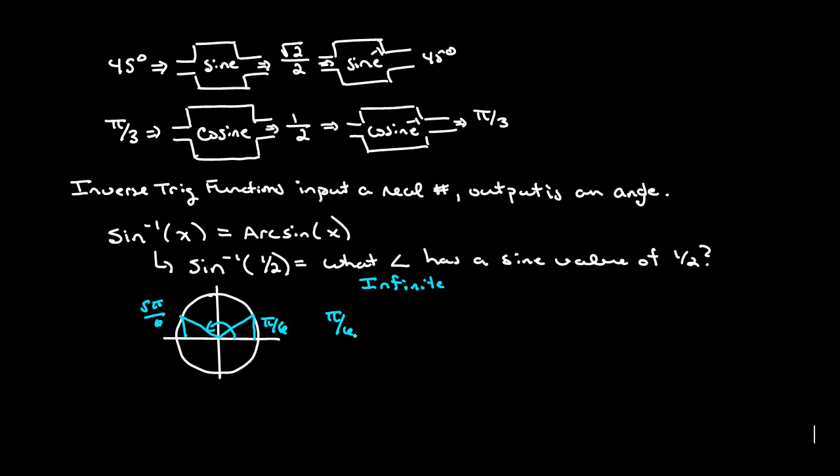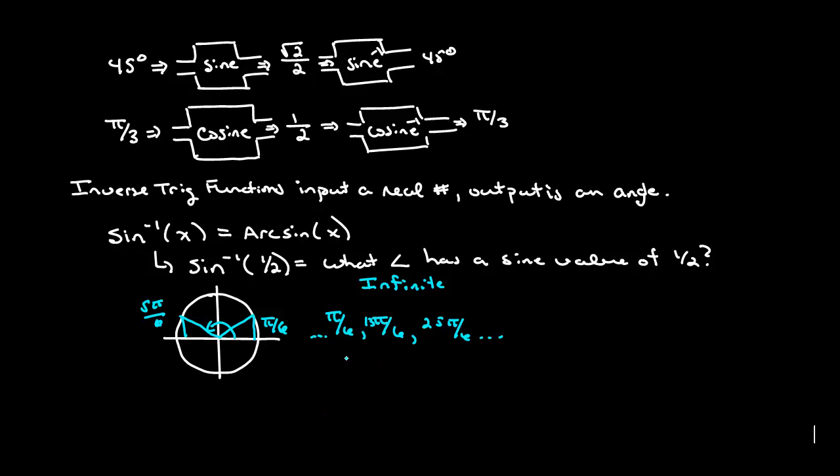So pi over 6 plus 2 pi, which would be 13 pi over 6, 25 pi over 6, so on and so forth in both directions.